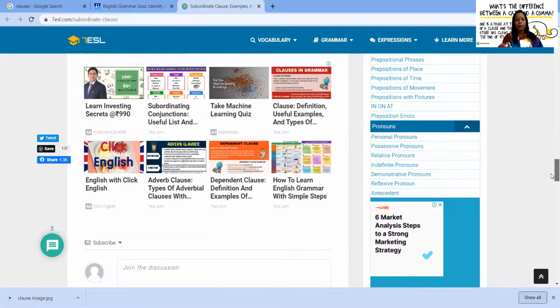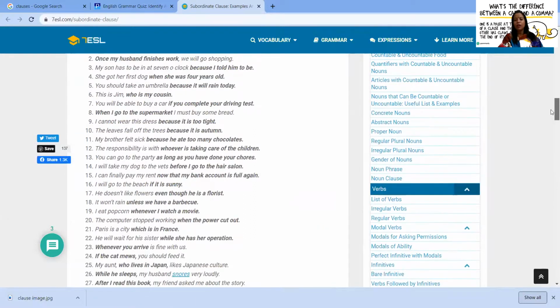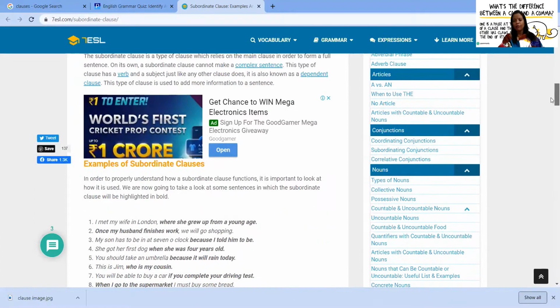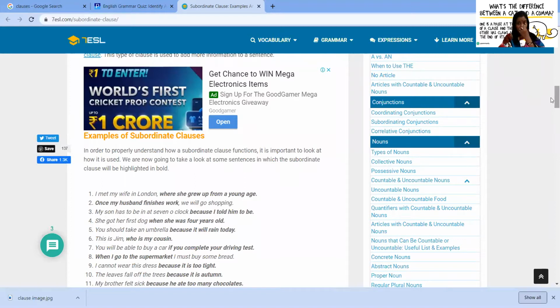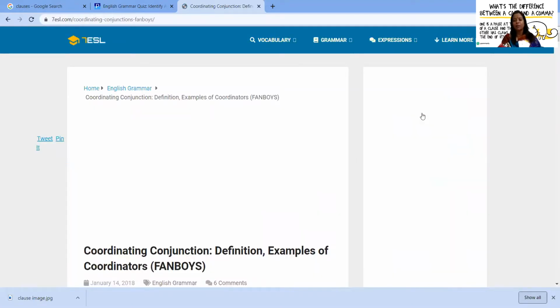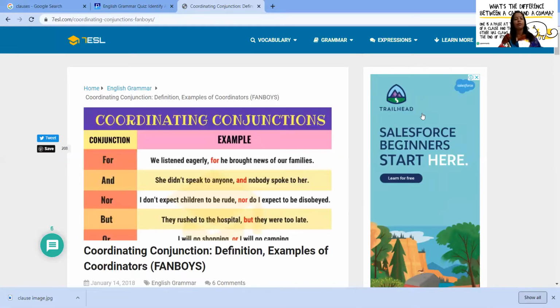There is one point: there are conjunctions. I hope you all haven't forgotten what the coordinating conjunctions and the subordinating conjunctions are. When we are studying clauses, phrases, sentences, there are a few things which are very important and which everybody should remember.